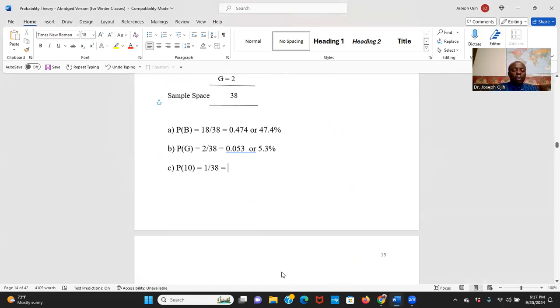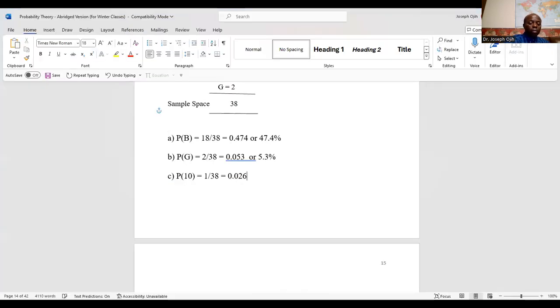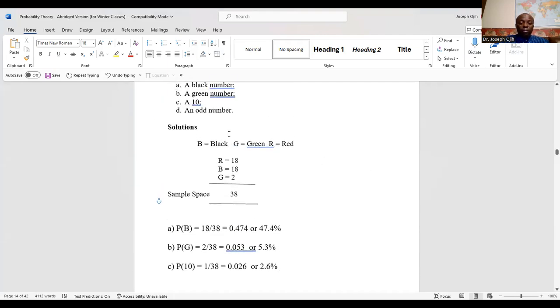That will be 1 divided by 38, which is 0.026. Or if you like, you can call it a 2.6% chance that it falls on the slot that has number 10 on it.